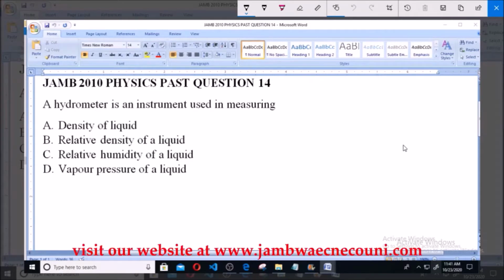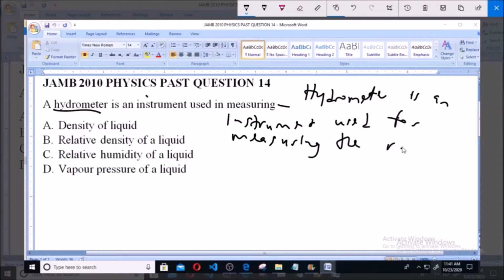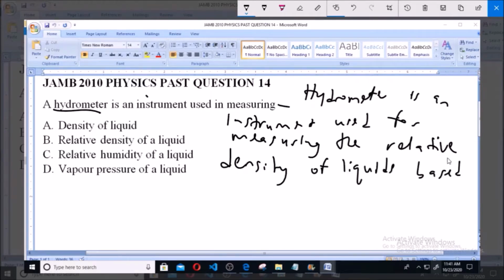Now, a hydrometer is what we are looking at here, and it is an instrument used for measuring the relative density of liquids based on the concept of buoyancy.